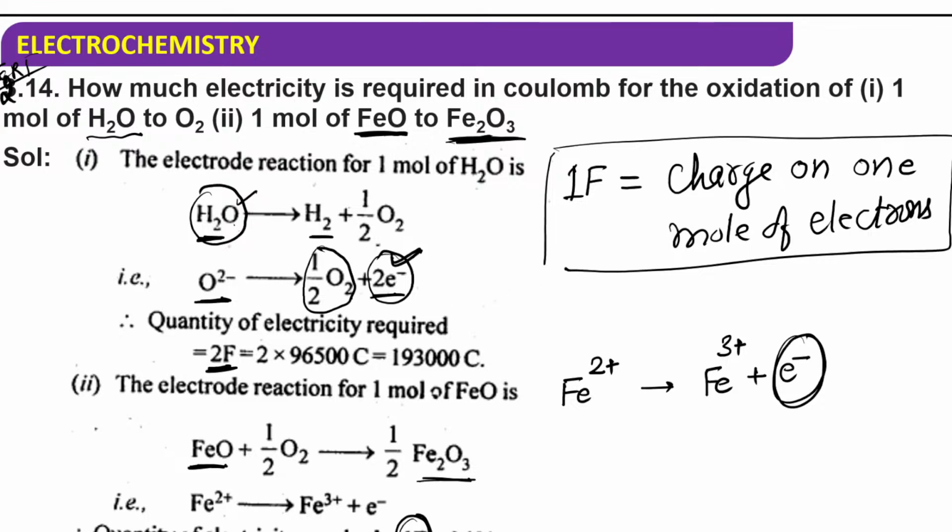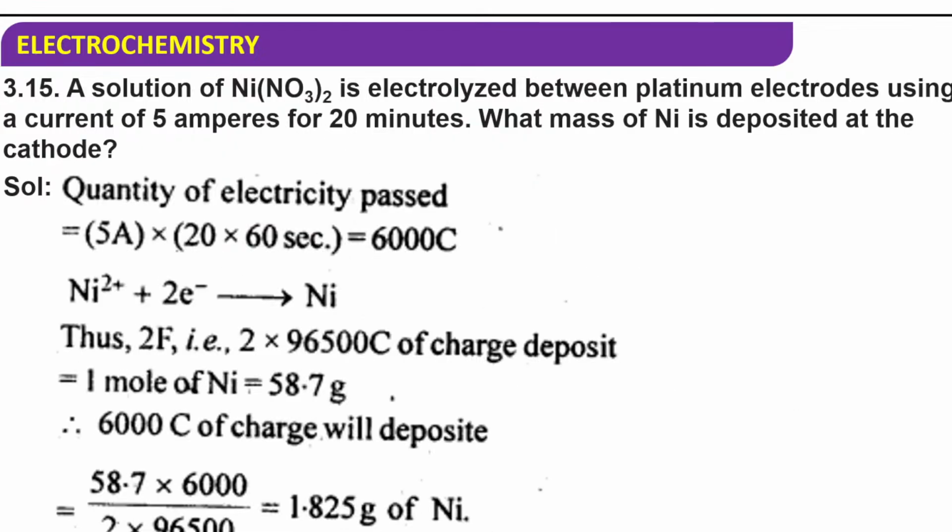Now second last question. A solution of nickel nitrate is electrolyzed between platinum electrodes using a current of 5 ampere for 20 minutes. So what mass of nickel is deposited at a cathode?